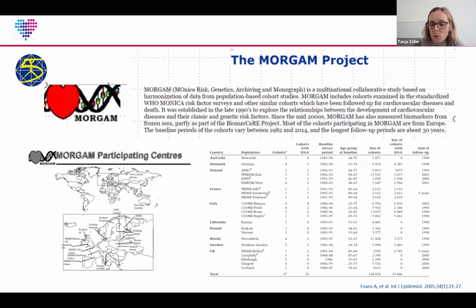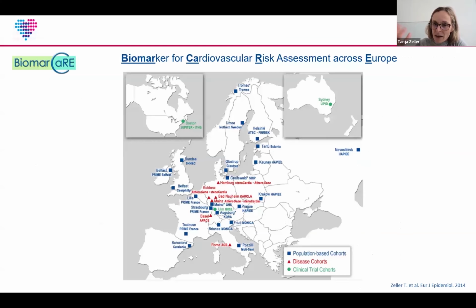And this MORGAM project is the basis for the BiomarCaRE project, which is an EU FP7 collaborative consortium, the biomarkers for cardiovascular risk assessment across Europe. So we already had the MORGAM database with harmonized, or mainly harmonized, clinical and phenotypic data, and BiomarCaRE, as the title says, is the biomarker study on top of these clinical data.